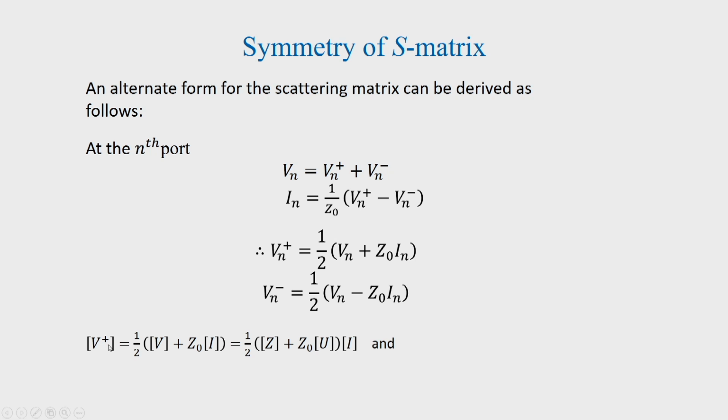V n plus as half the voltage matrix for the incident wave, V plus is equal to half, Z plus Z naught u I, and similarly for the voltage matrix for the reflected wave we can write in this form. Now, from these two relations we can find S, the scattering matrix.